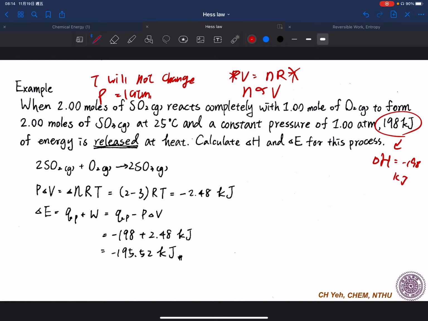Since the volume is decreased, we can know that the system will have an increment in working energy. Now let's take a look. We want to calculate what W is.